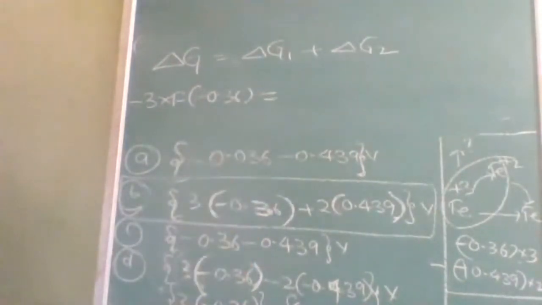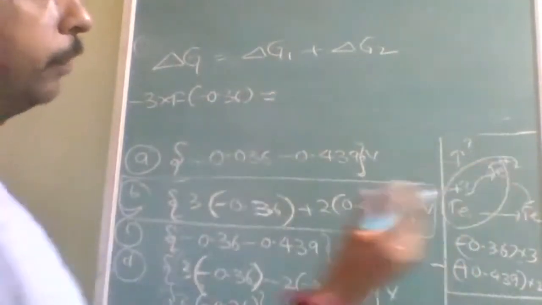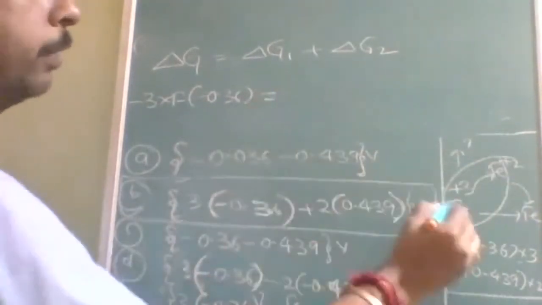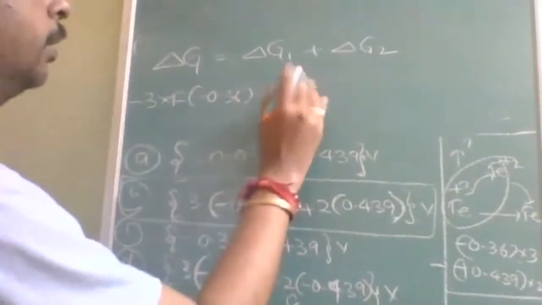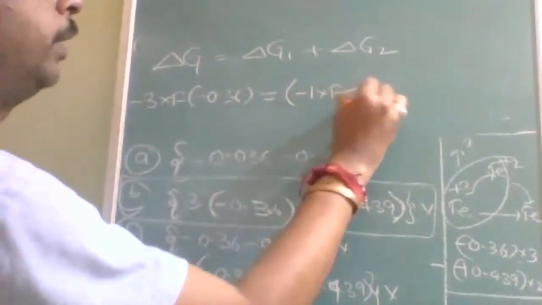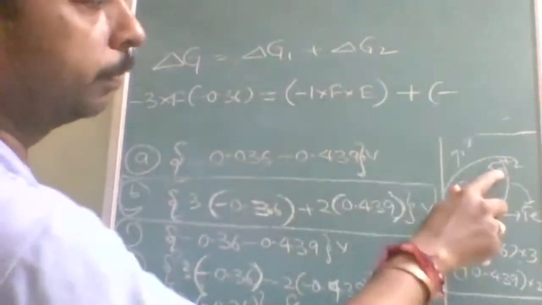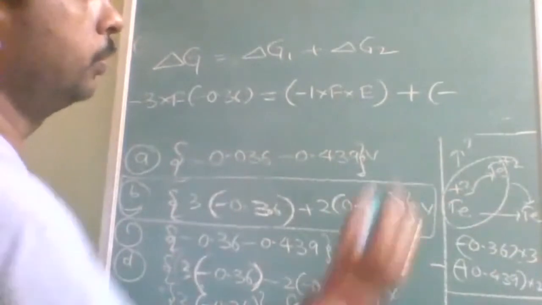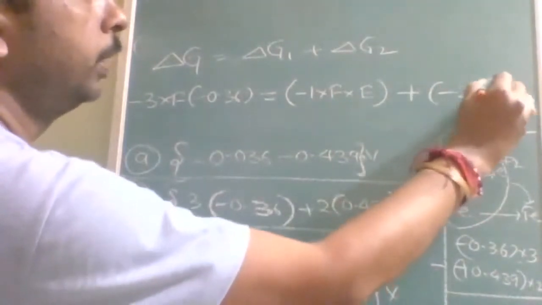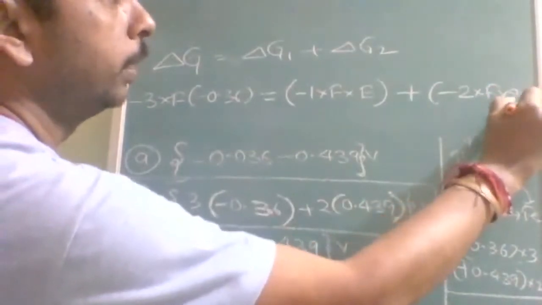Then delta G1, this value we don't know, X. But we know it is minus 1 into F into E, which we don't know, plus minus of 2 into F into E of Fe2+ to Fe, which is 0.439.